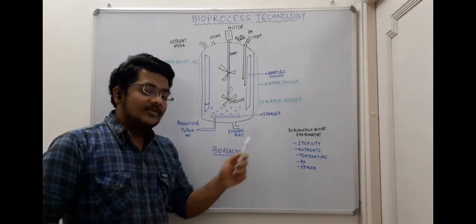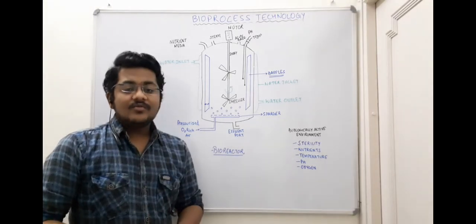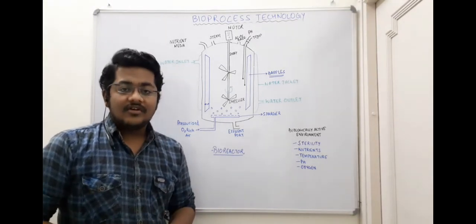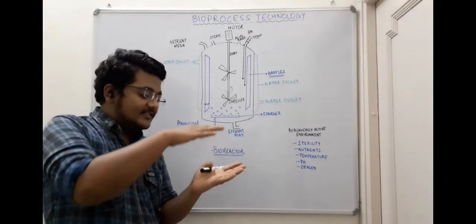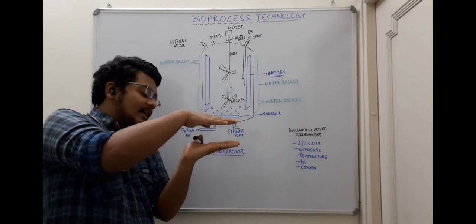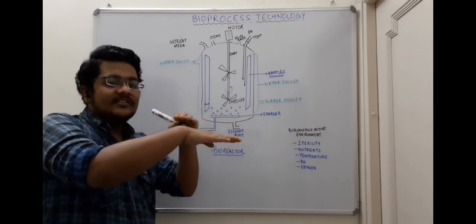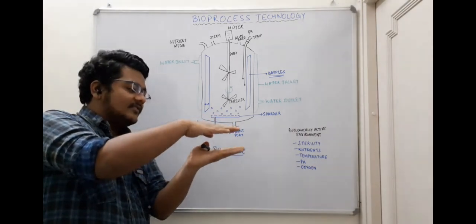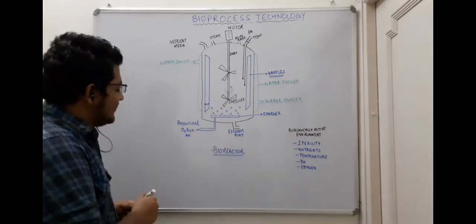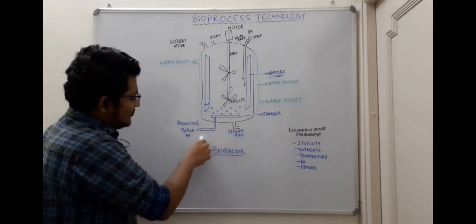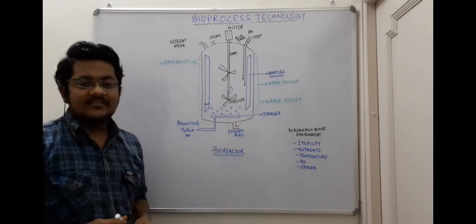The next point which comes is oxygen, and we don't want our microorganisms to struggle for oxygen, so we have a sparger here. A sparger is like two plates with the top one having holes in it. It is a hollow plate with the top side having holes, and this hollow plate is connected to pressurized oxygen rich air.